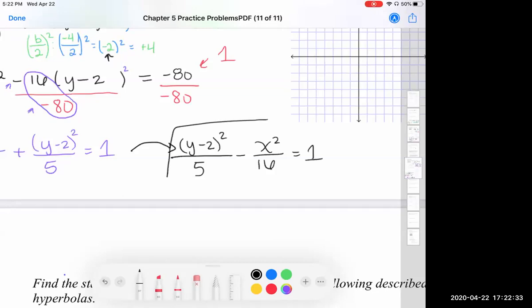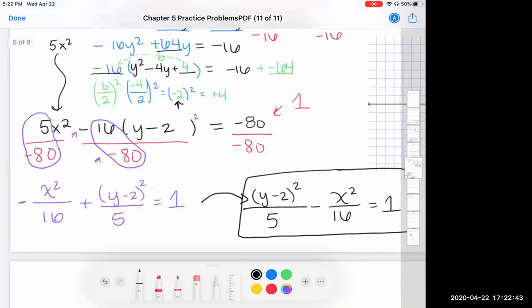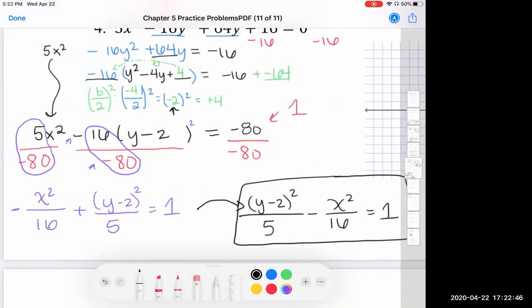And this is our equation. Now this was very tricky. Not only was it tricky because we had to complete the square, but it was particularly tricky because we were forced to divide by a negative, and thus we had switched the order of our terms.